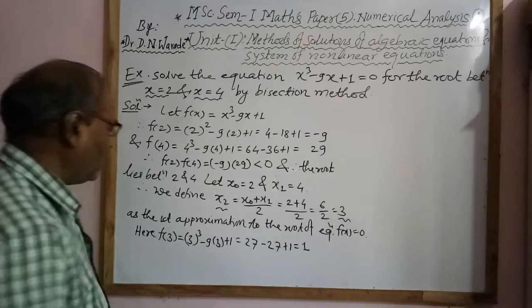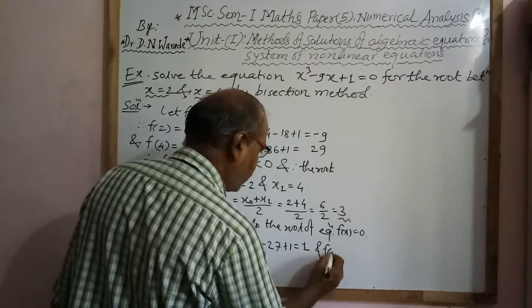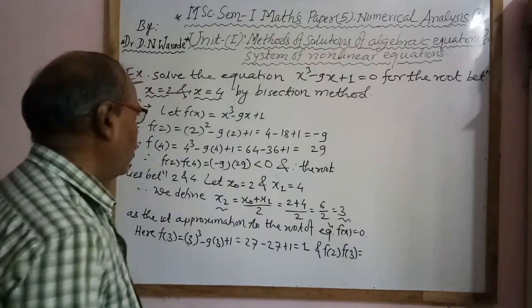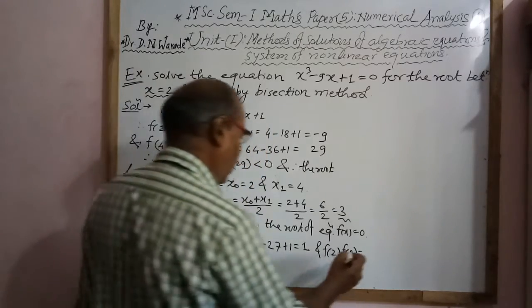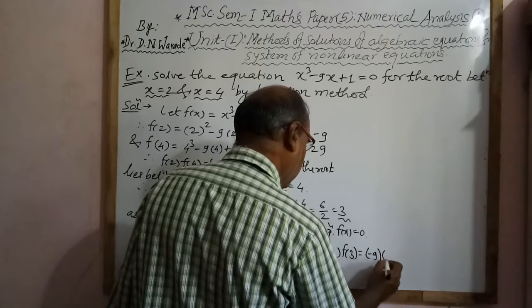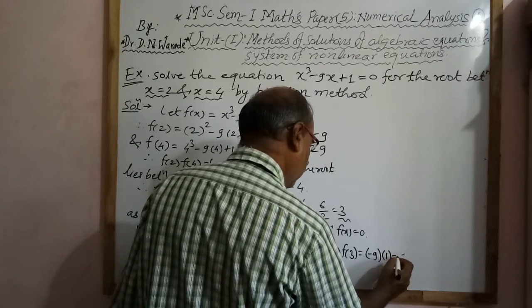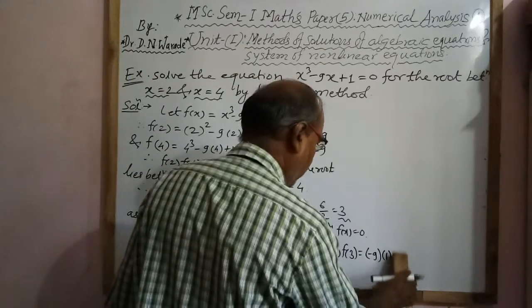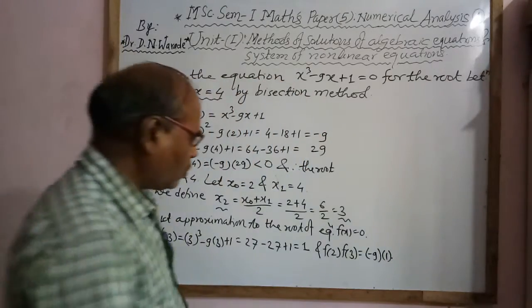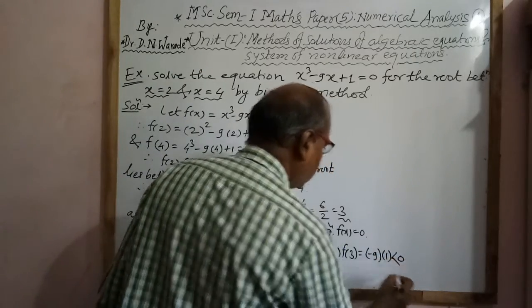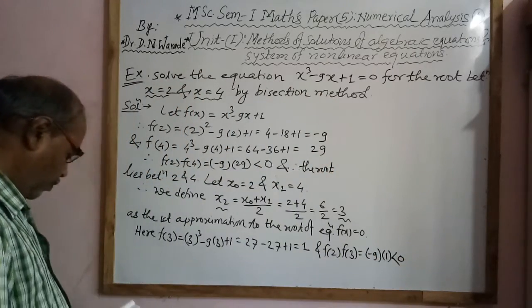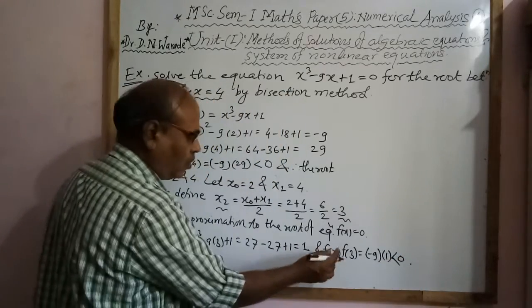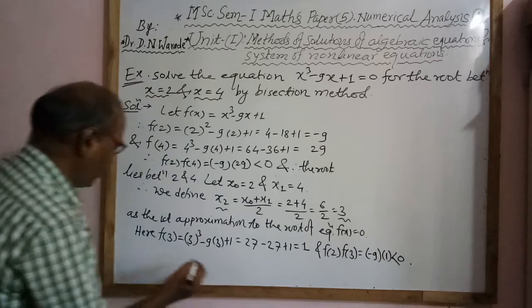Also f of 2 into f of 3: f of 2 is minus 9, into 1, which is negative, less than 0. Therefore, the root lies between 2 and 3.